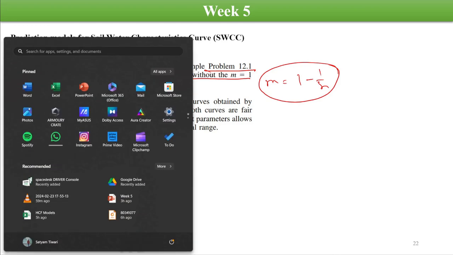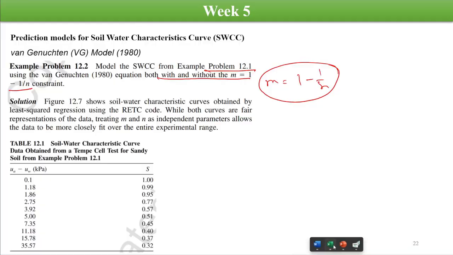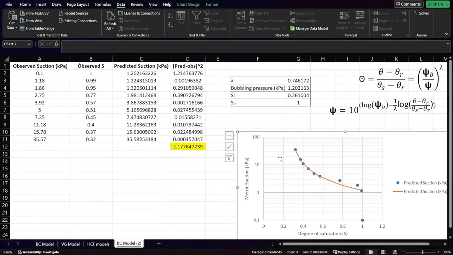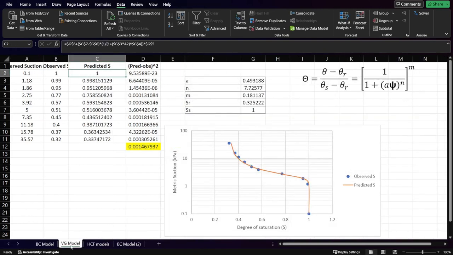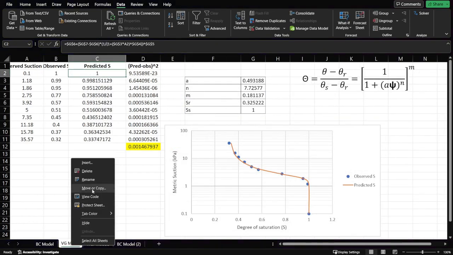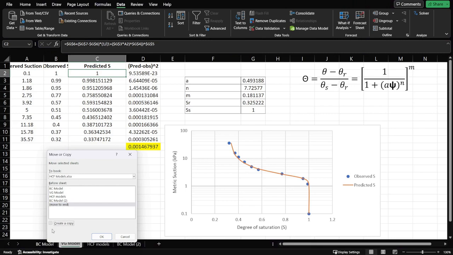So we'll again switch to the Excel sheet, and we will just make a duplicate of this one.